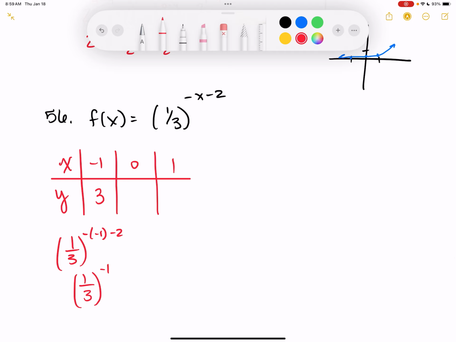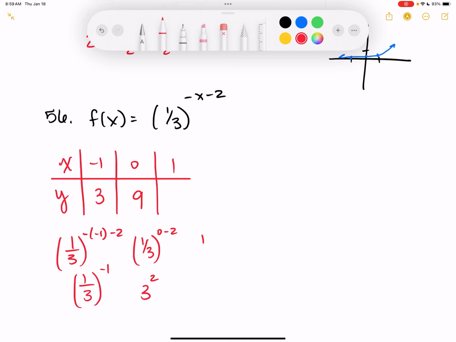If I plug in 0, 1/3 raised to the 0 minus 2, so 1/3 to the negative 2 is also known as 3 squared. 9.